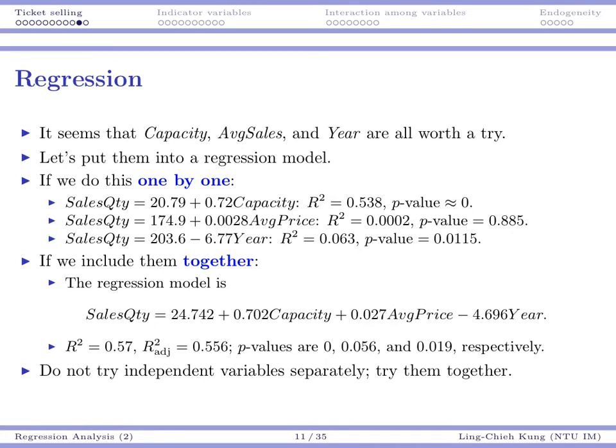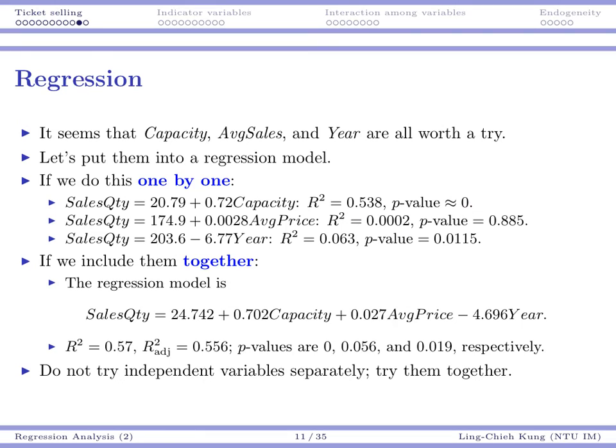There is one issue. Some people would try to put them into a model one by one. So I want to do a regression model with sales quantity and capacity, or sales quantity with average price, and sales quantity with year. If I really do that, I get 3 independent regression models. I can see that the first one seems to be okay.